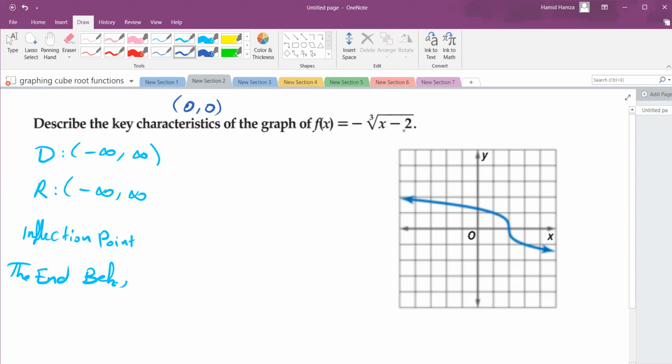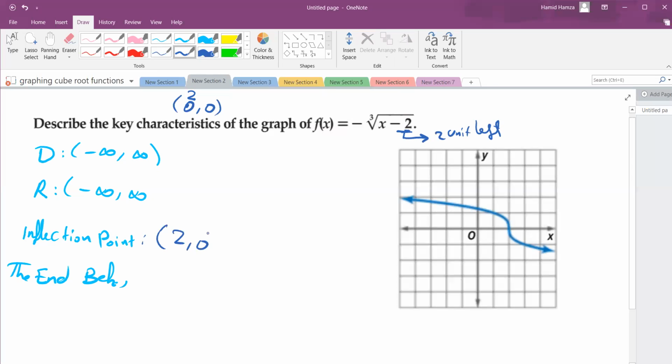Here we have a -2. That means the inflection point moved 2 units to the left. So we will add 2. So the inflection point will be 2 and what?